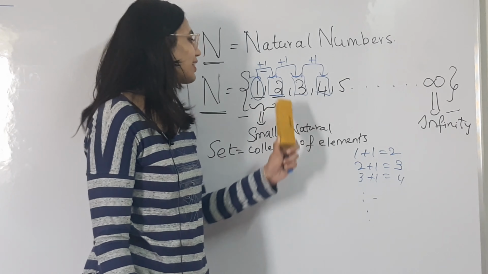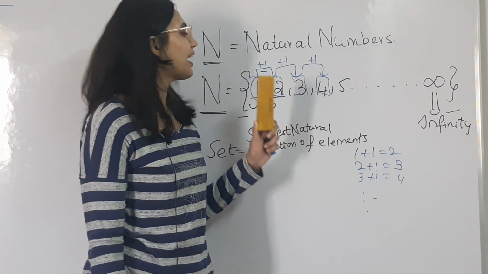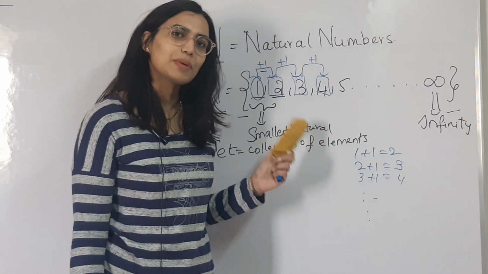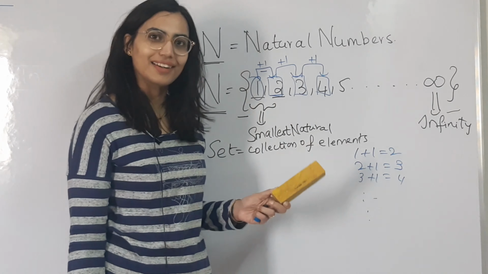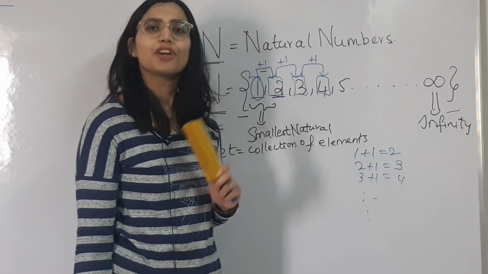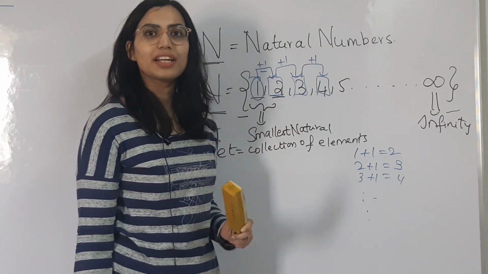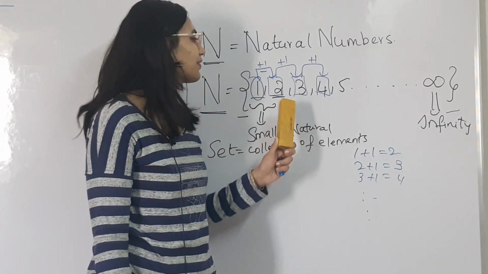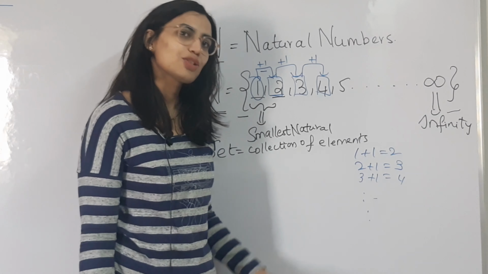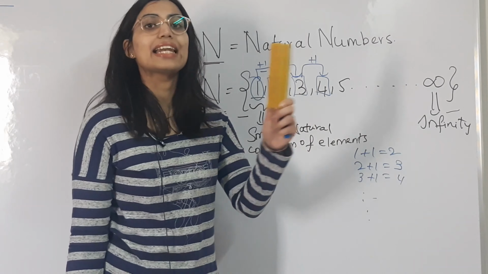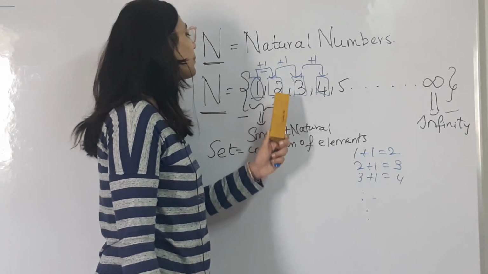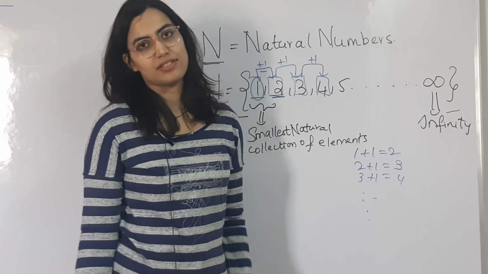In this case, 2 can be obtained by adding 1 to the previous number 1. 3 can be obtained by adding 1 to the previous number 2. 4 can be obtained by adding 1 to the previous number 3, and so on. So this is how you get the next natural number by adding 1 to the previous number.